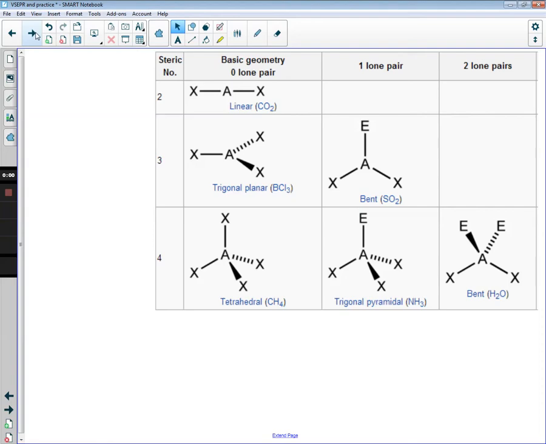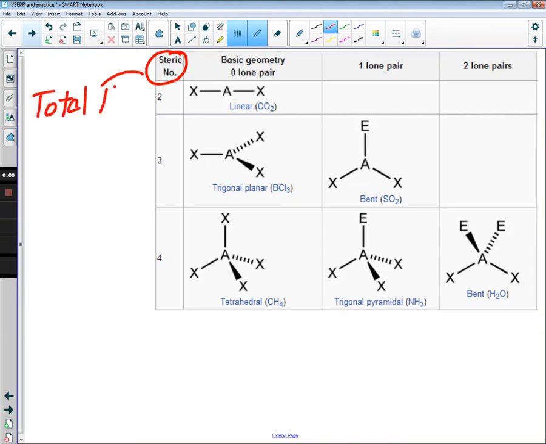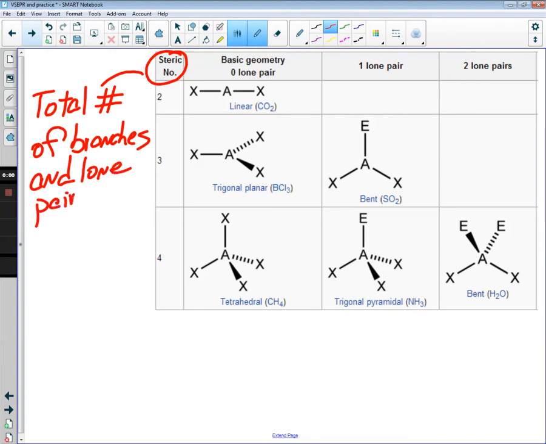And the way that you use it is you have to figure out something called steric number. Steric number is the total number of branches and lone pairs on the central atom.